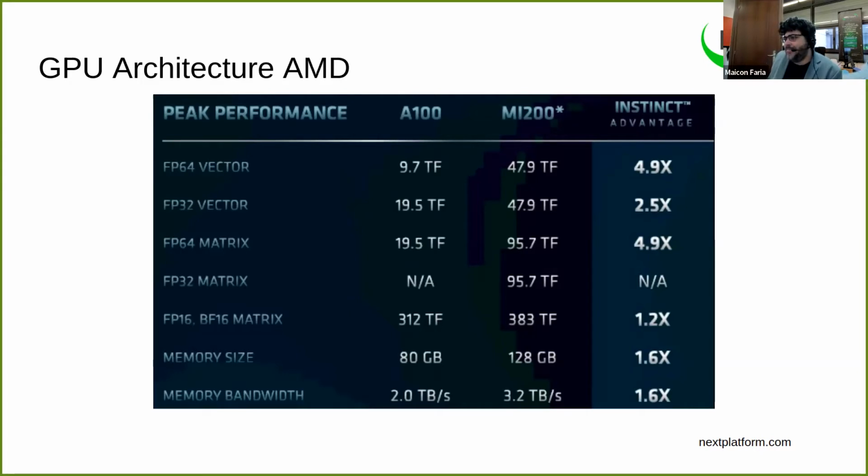Also, the Instinct GPUs have more energy consumption, like 14% more. This needs 40% more watts compared to the NVIDIA A100.